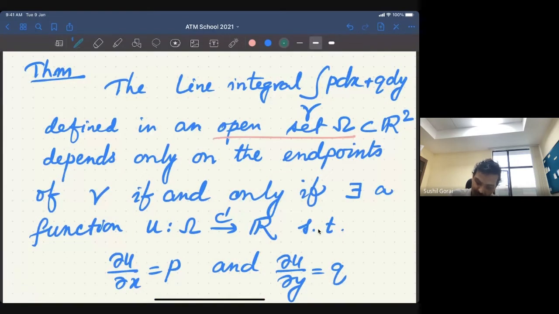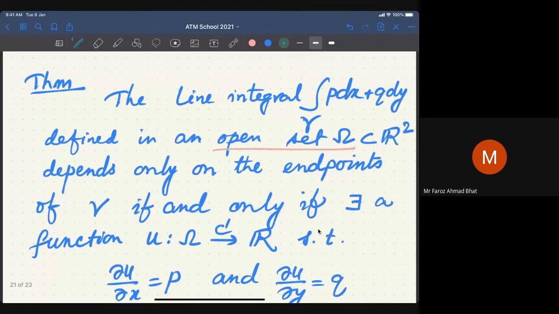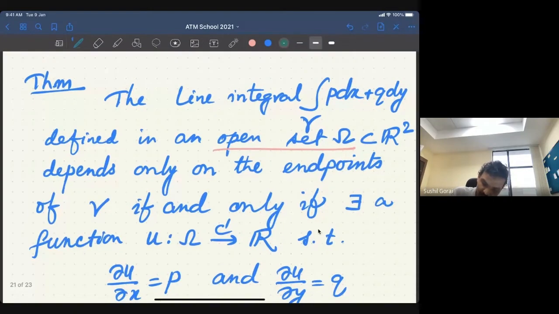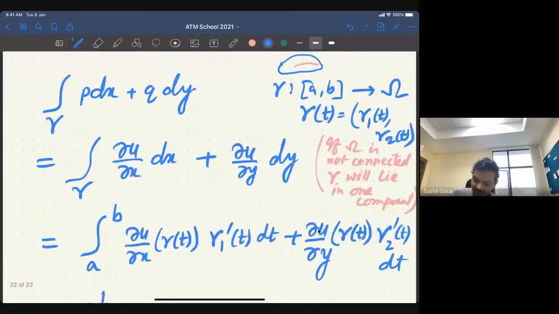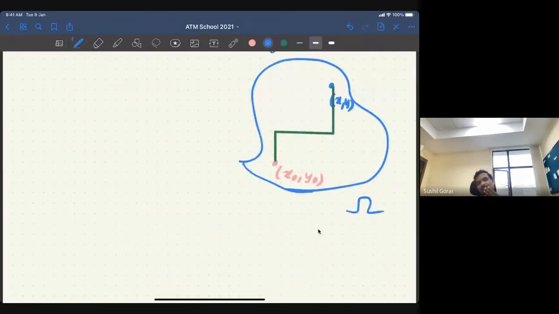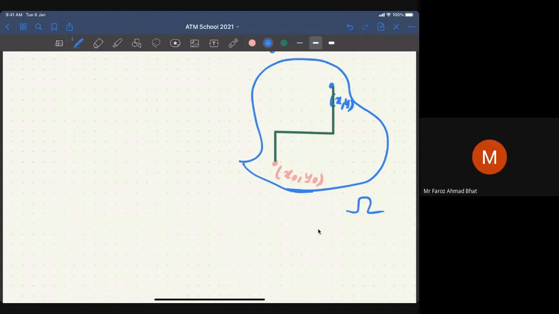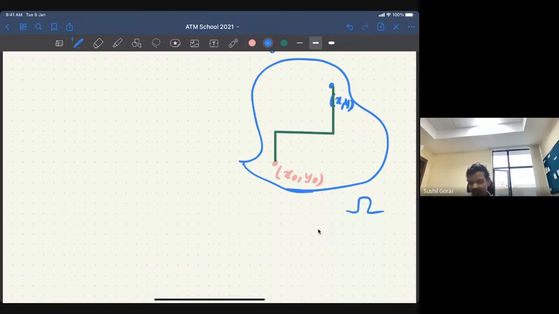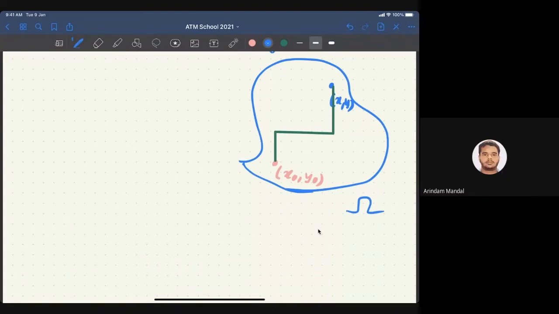Gamma is just a piecewise smooth curve. Now the question is, can I take this curve? Maybe, sir, partial derivatives will not exist. No, there is no problem.